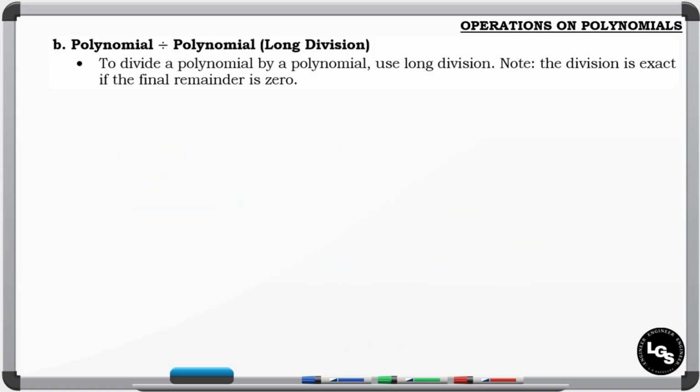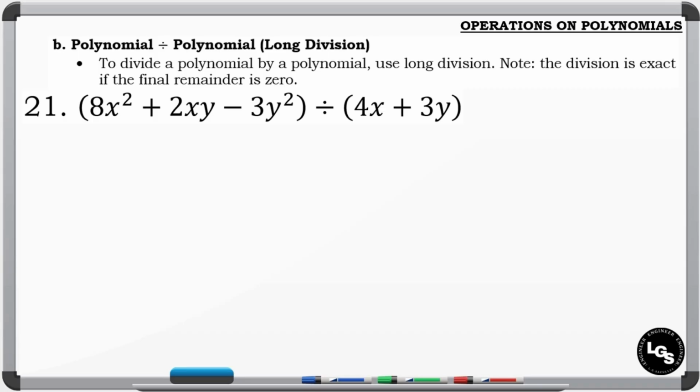So next is an example of polynomial divided by polynomial, which long division is used. We have here 8x squared plus 2xy minus 3y squared divided by 4x plus 3y. From the previous example, we said that we should first arrange the dividend from the highest degree to the lowest degree.